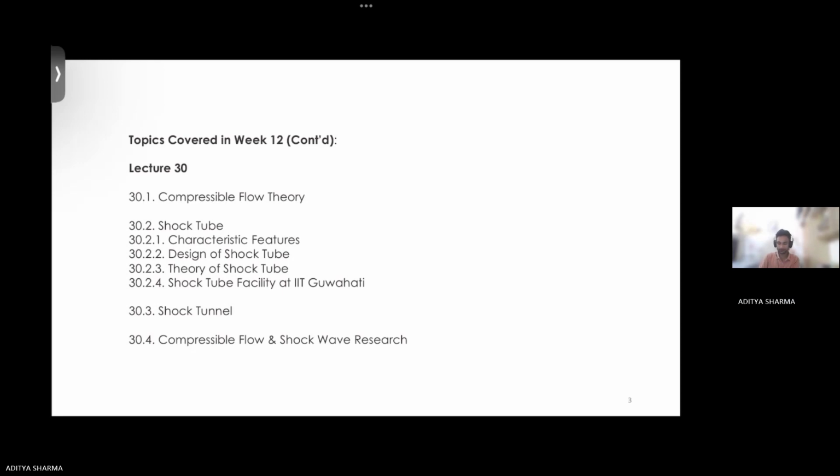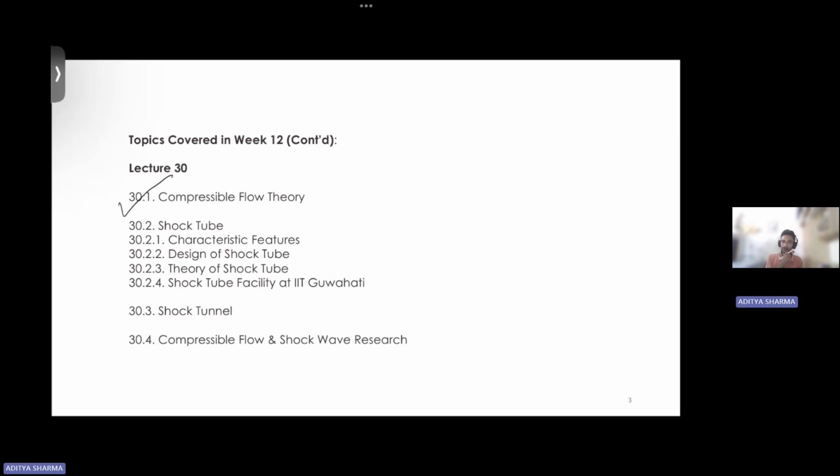Coming to this lecture, first of all compressible flow theory has been discussed. In it, oblique shocks have been mentioned, then normal shocks, then the expansion fan. All these things we have discussed previously.